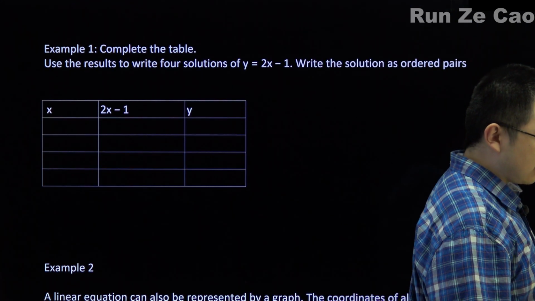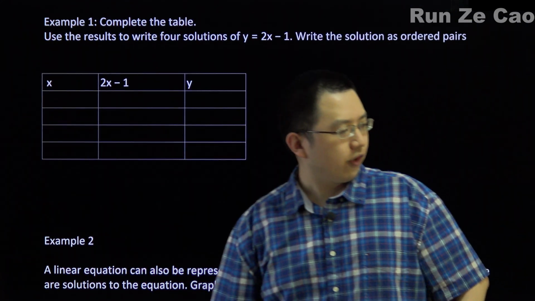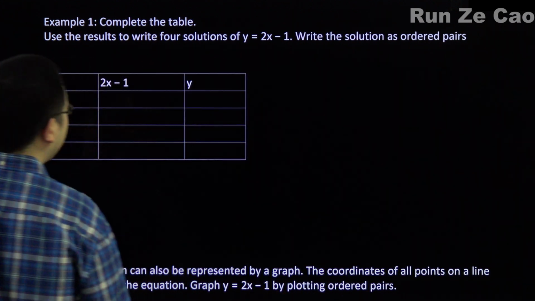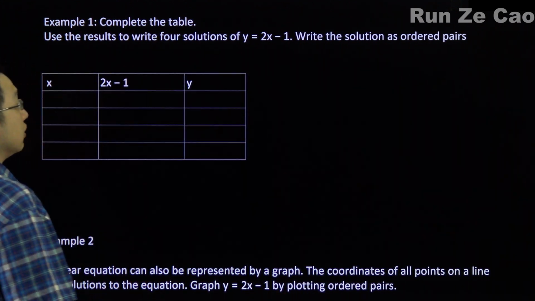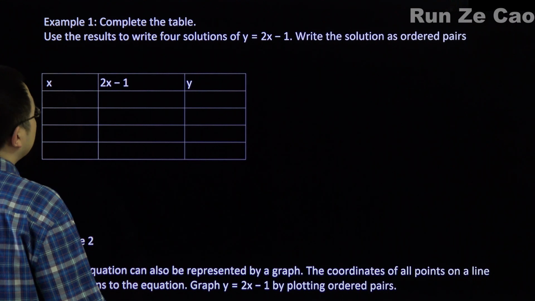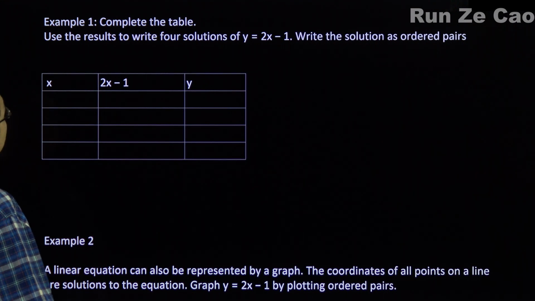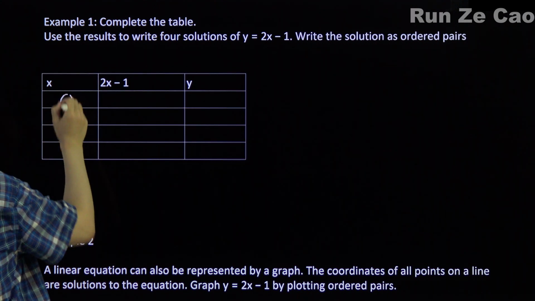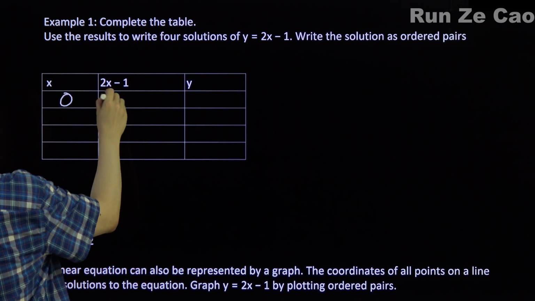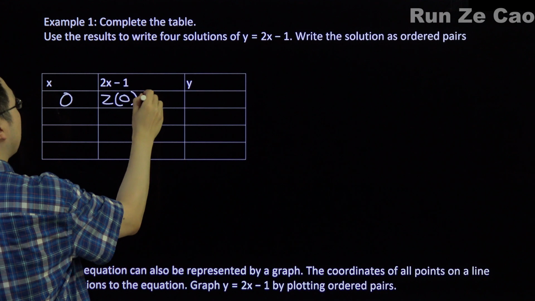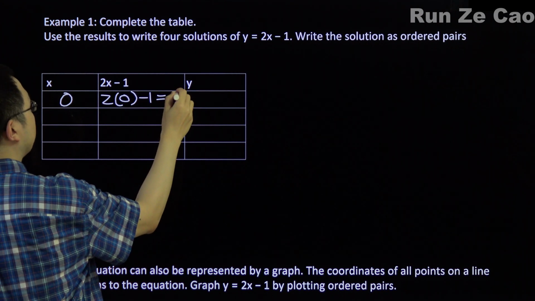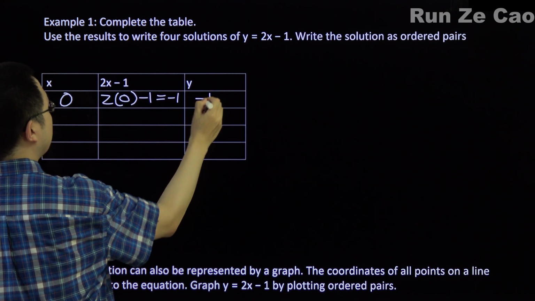Example 1. Complete the table. Use the results to write 4 solutions of y equals 2x minus 1. Write the solutions as ordered pairs. Okay, y equals 2x minus 1. Well, x, let's start with 0. 2x minus 1 is 2 times 0 minus 1 equals -1. So y equals -1.